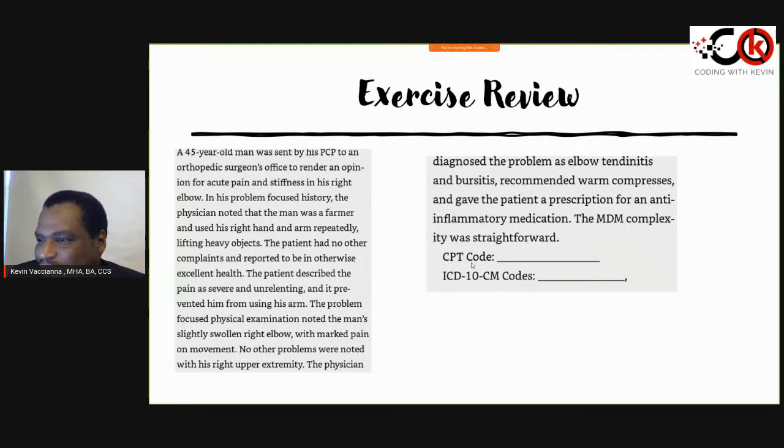Where am I at? 99212. 99241. 99242. Nope. Hold on, for the new patient. Where is the patient at? It's office outpatient.